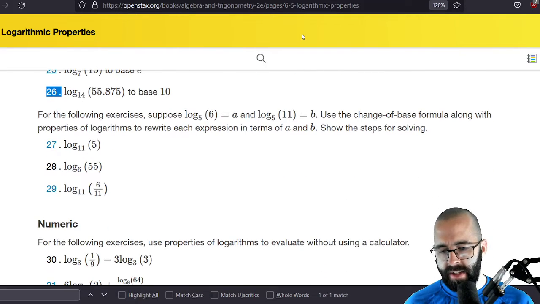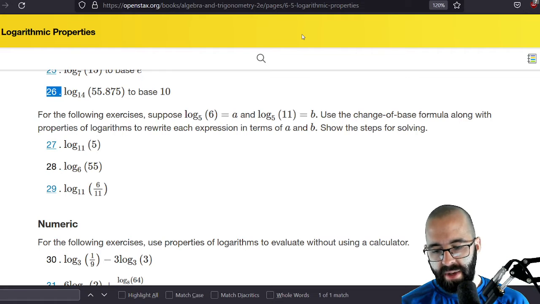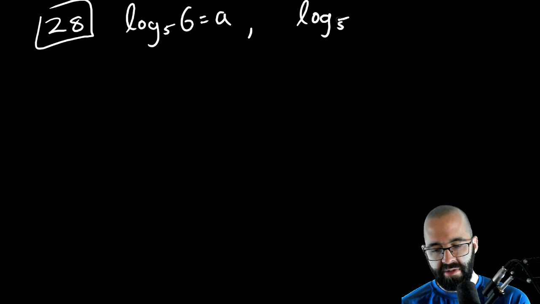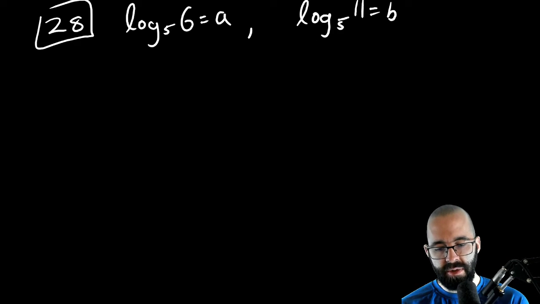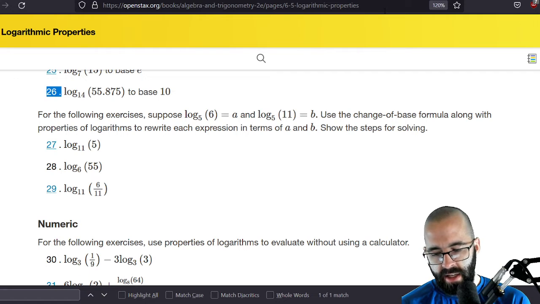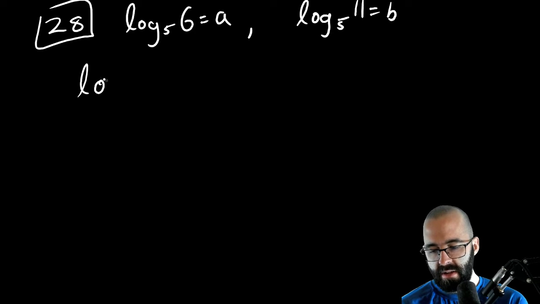For 28, this is again, suppose log base 5 of 6 is a, and log base 5 of 11 equals b, and we're trying to simplify log base 6 of 55.